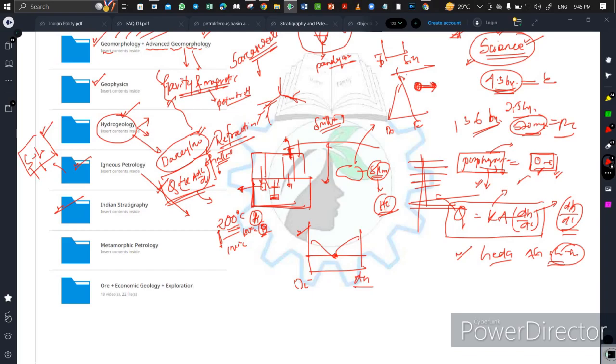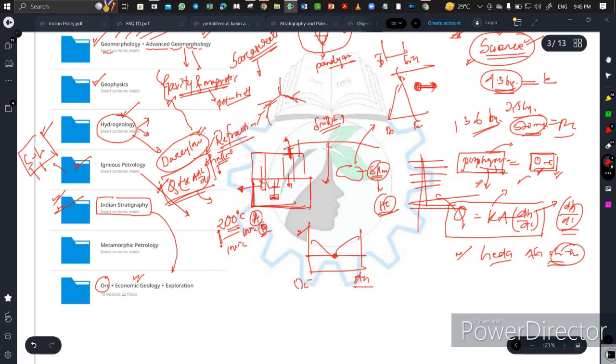In Indian stratigraphy, where there is a craton, where there is a mobile belt, we will have to study these things in great detail. Remember, whenever economic geology or economic distribution is studied, it should be correlated with Indian stratigraphy, because in any interview you face, they will ask you some questions from an Indian perspective.